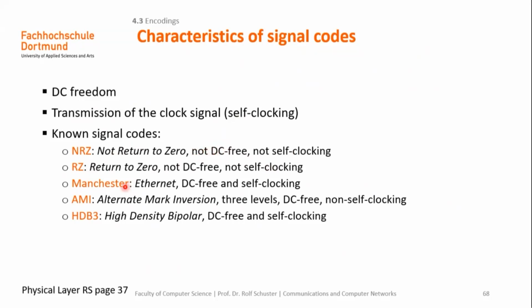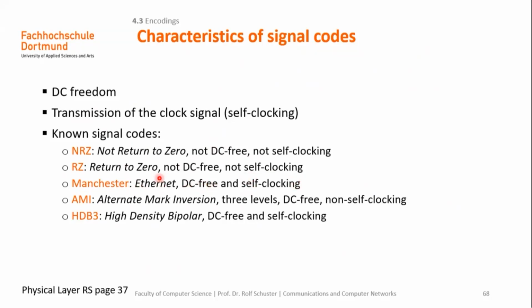Instead of that, we could realize that Manchester coding used in 10 megabit Ethernet is DC free, because there is always a transition each bit time, and self-clocking.